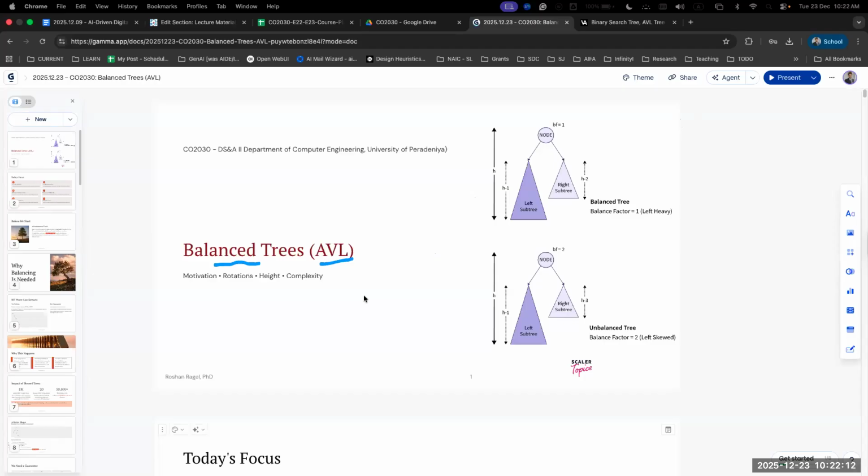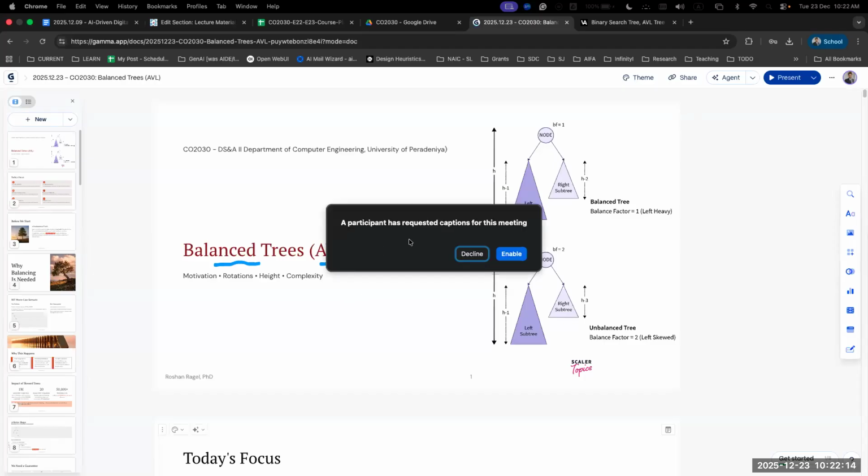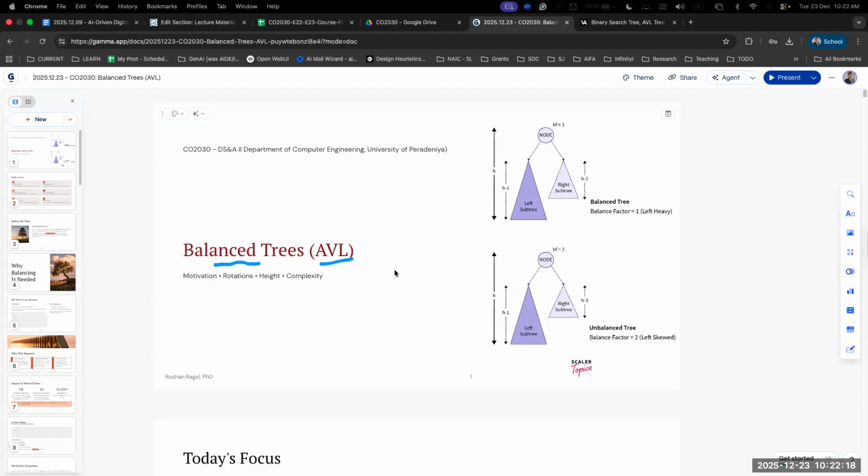The AVL tree is very popular and used in a lot of practical applications. So today we'll see how an AVL tree works, how we can build one, how we can identify AVL trees, and all sorts of different aspects of an AVL tree.